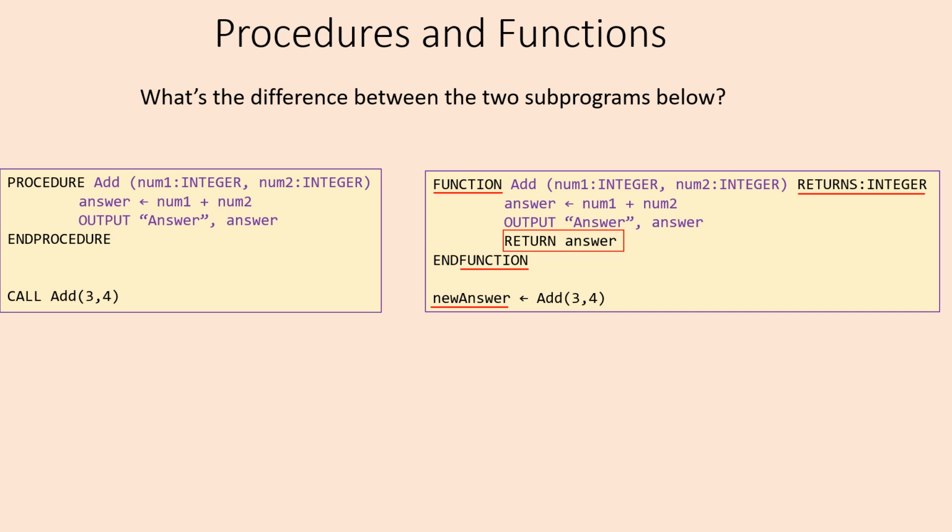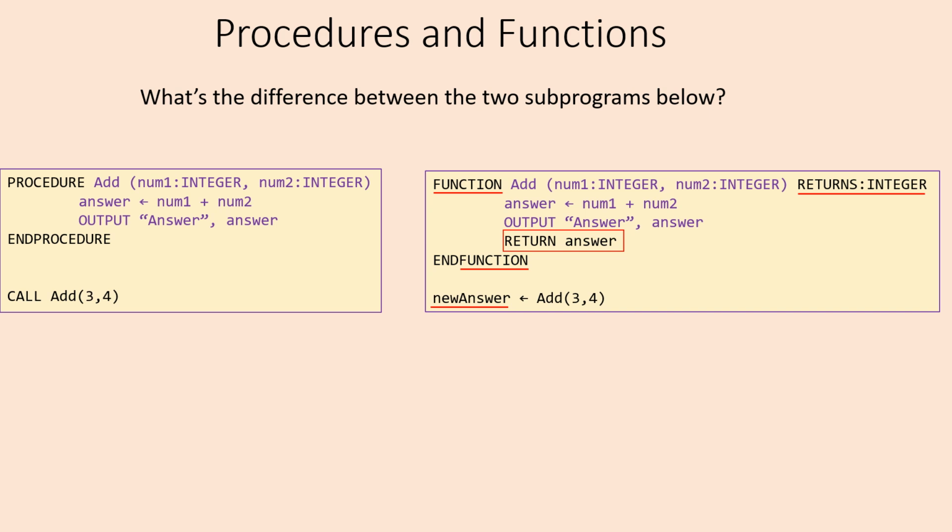The difference with the function is that because we're returning a value to the main program, we actually need to create a new variable that's going to store that value. So here, new answer is going to be assigned add34. add34 is our function call. We pass our arguments to our function, we add them, do our thing, output answer, and then we return the value, which is 7, because we've added 3 and 4, and answer is our local variable.